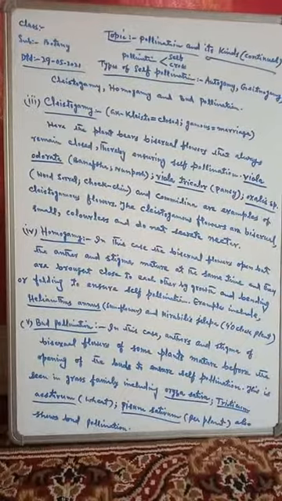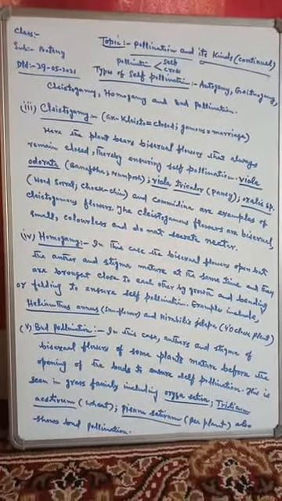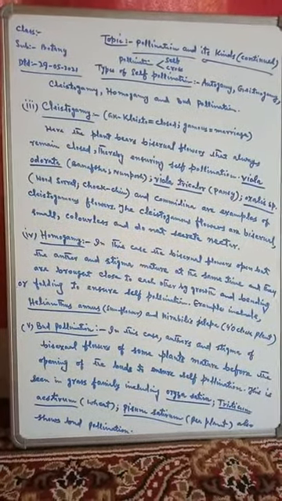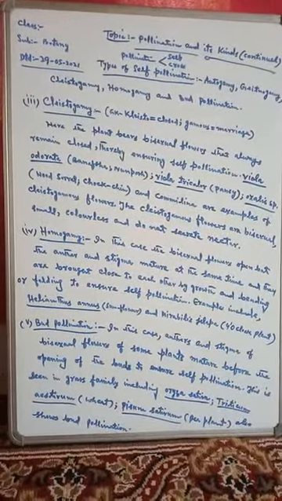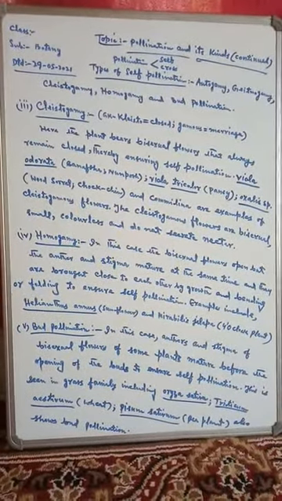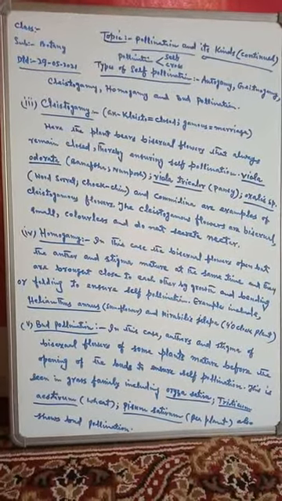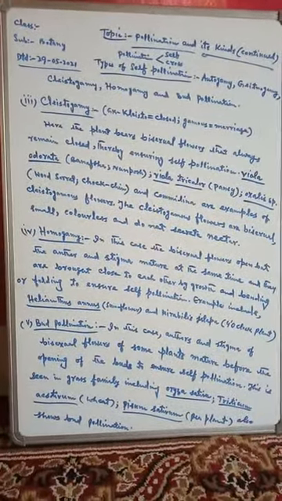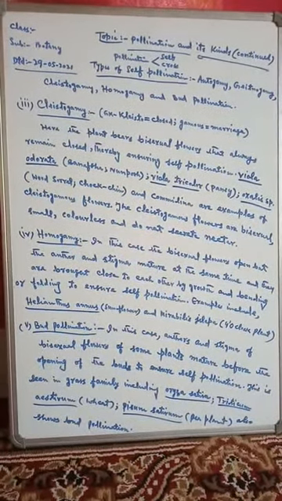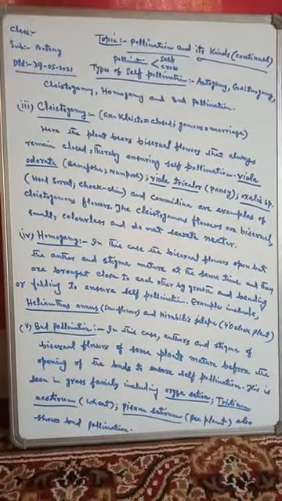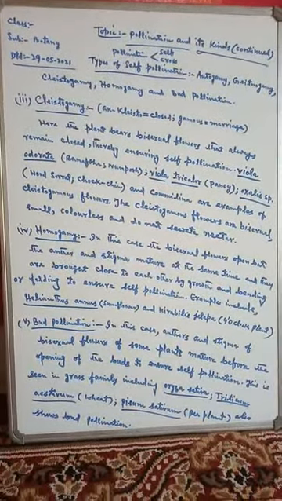The examples can be quoted here as Viola odorata. Viola odorata means benafsha, or in Kashmiri we can say nunposh. In Viola odorata, this type of pollination is found. And one more is Viola tricolor, another flower which is called in English pansy.